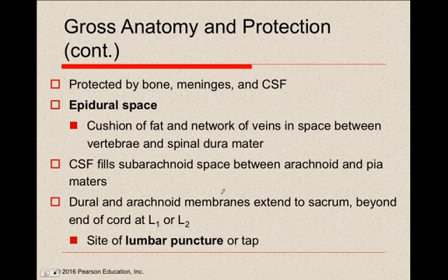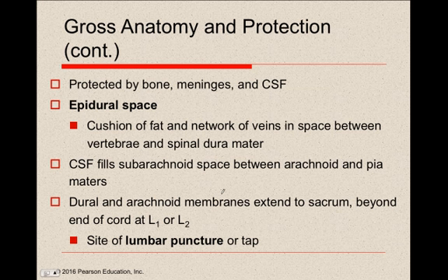So again, just like the brain, the spinal cord is going to be protected by bone, except this time it's vertebrae instead of the skull. And this time we have the same layers of meninges. The pia mater is going to be directly covering the spinal cord, and then we have the arachnoid layer, and then the dura mater on the outside.